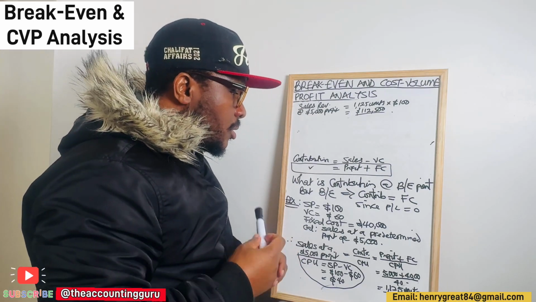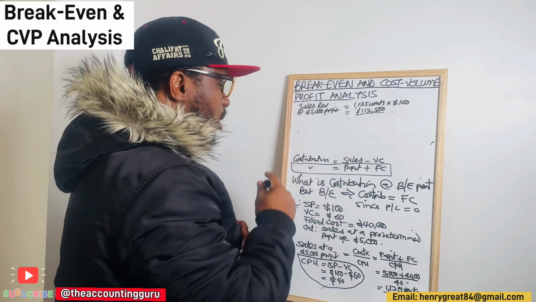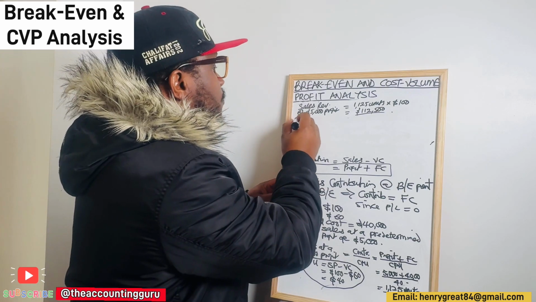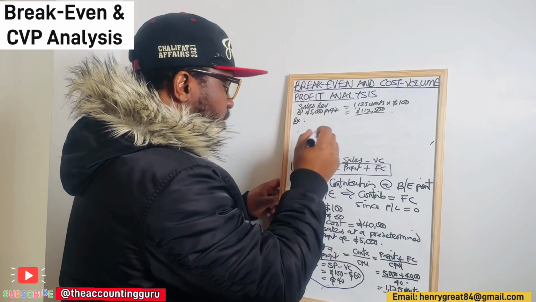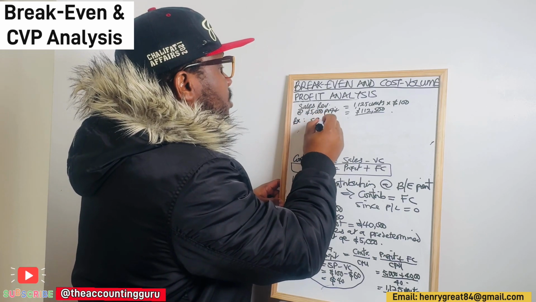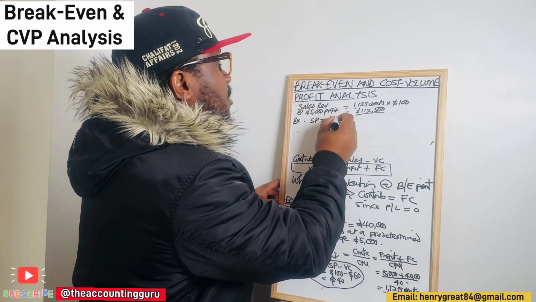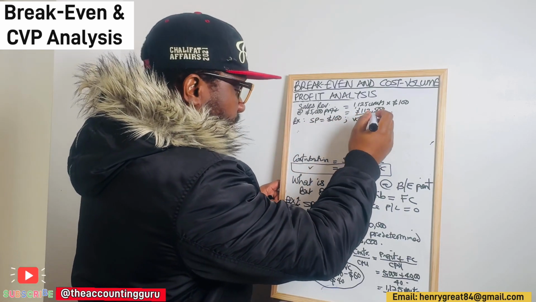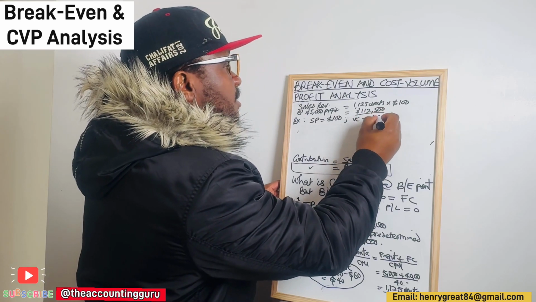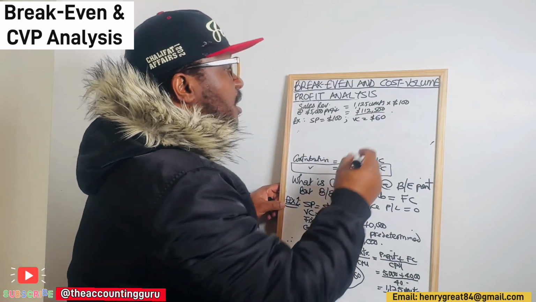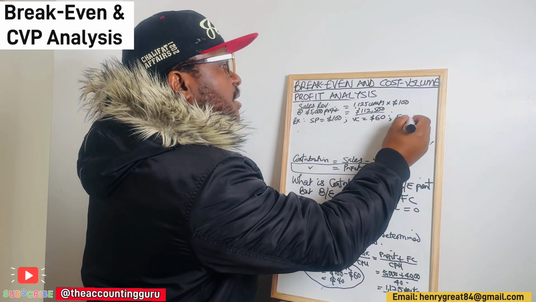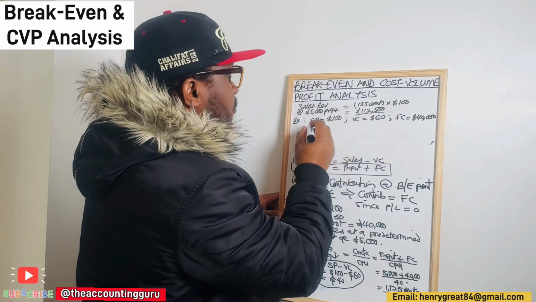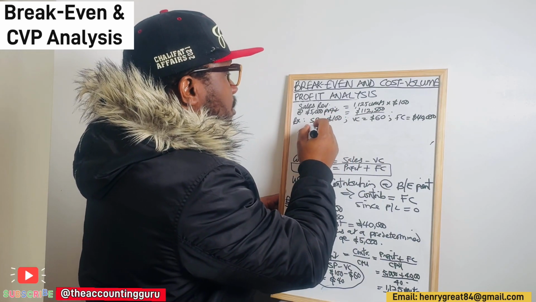All right, so let's look at where a loss is anticipated. This was example 1. For example 2, let's assume that the sales vendor is having the selling price per unit to be $100, the variable cost per unit is say $60, just like what we have, and the fixed cost is say $40,000, and then we have the anticipated loss.